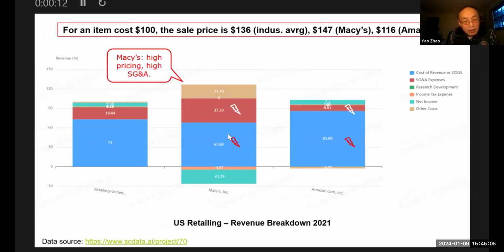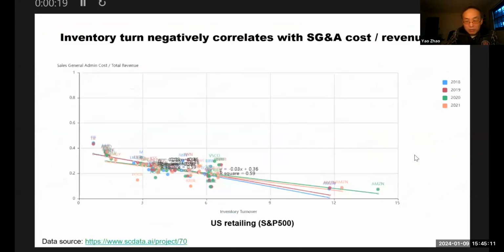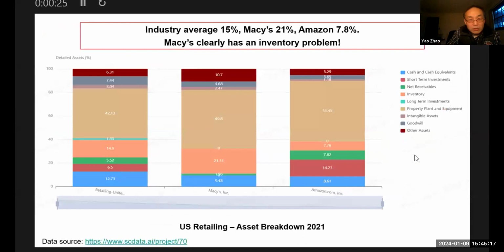In this year, of course, Macy's was losing pretty badly because of the pandemic. This is the picture I just showed you, the negative correlation between inventory turnover and the SG&A cost. And this is the 2021 asset breakdown. We can still see much higher inventory carried by Macy's and much lower inventory carried by Amazon.